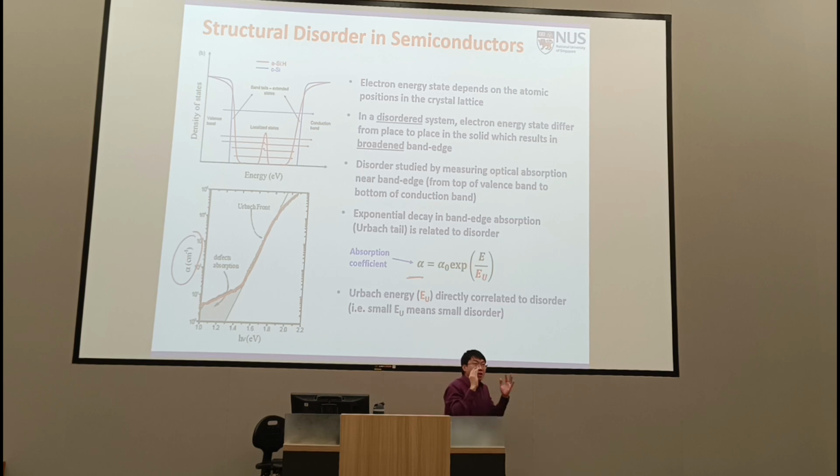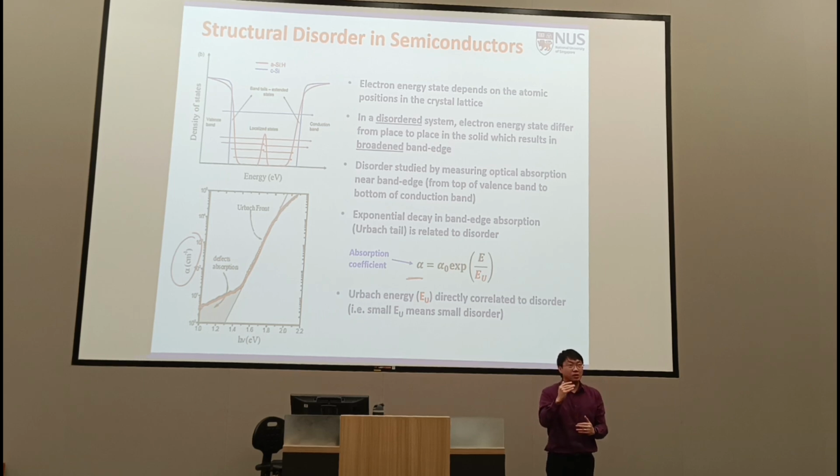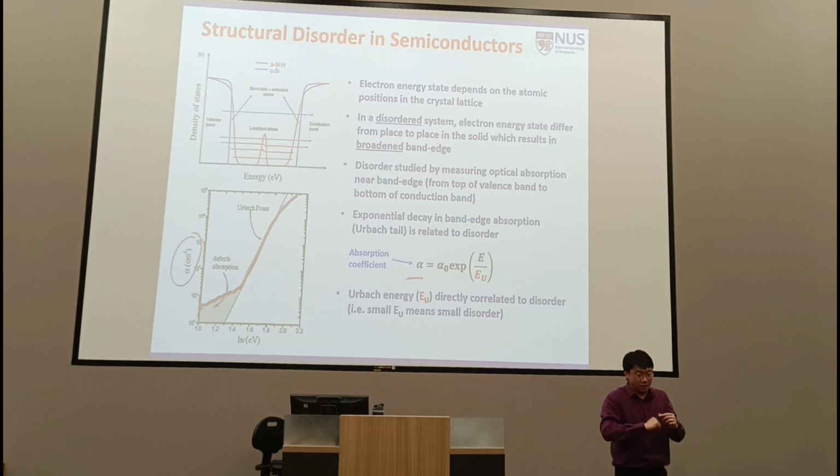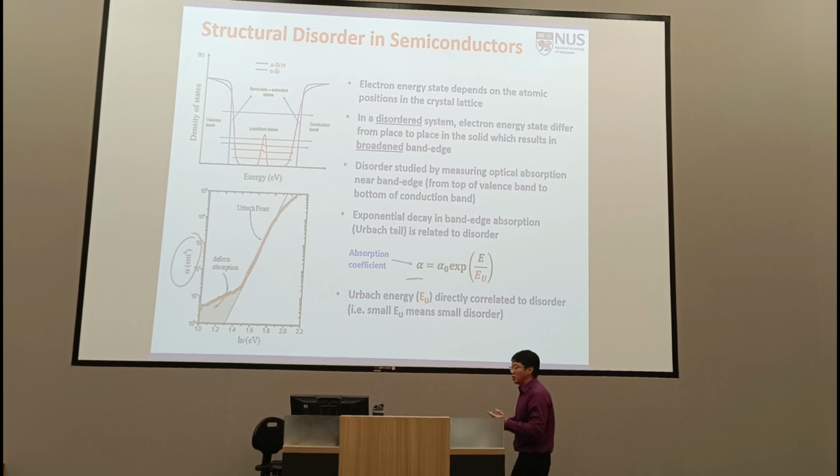Because typically in a very, very ordered system, all my bonds are the same length. The bonding orbital and anti-bonding orbital have the same energy. So most of the time, they use the same energy to excite from the valence band to the conduction band, right? But in a very disordered system, I have a distribution of excitation energy. So this line then becomes blunted.